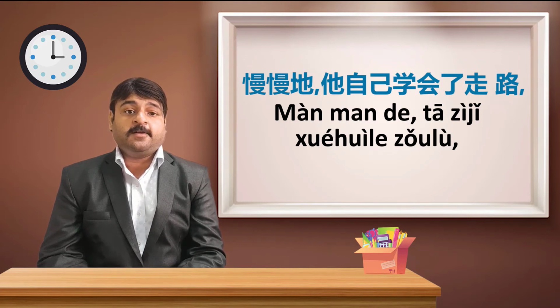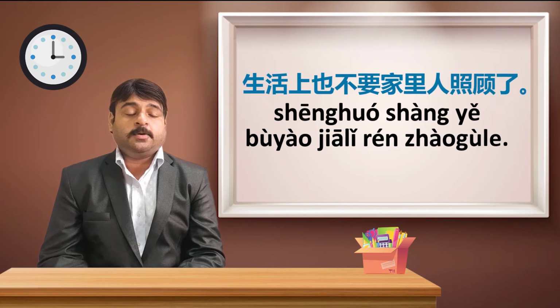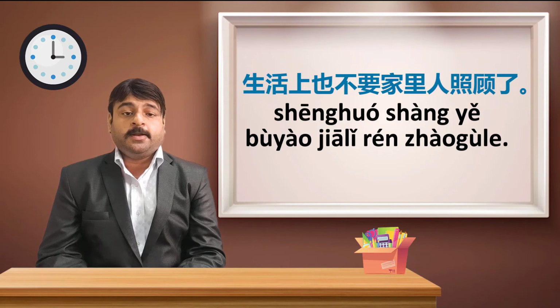He taught himself to cross the road. 生活上, in life, he also 不要, didn't need, 家里人照顾, care. In life he also did not require the help or care of family members.